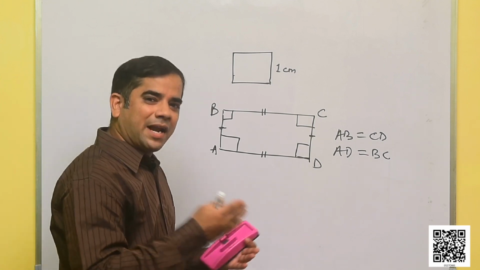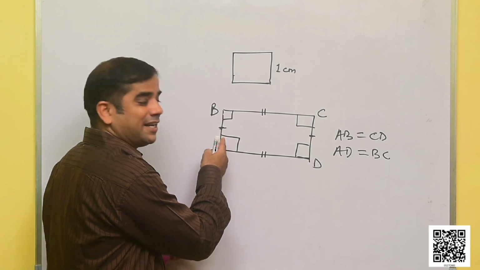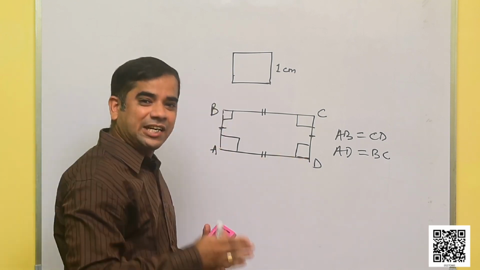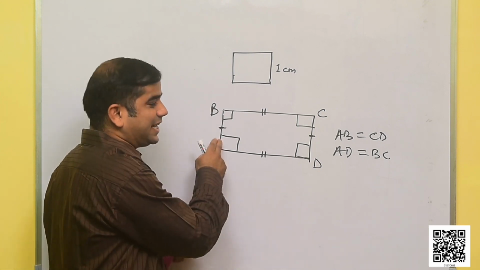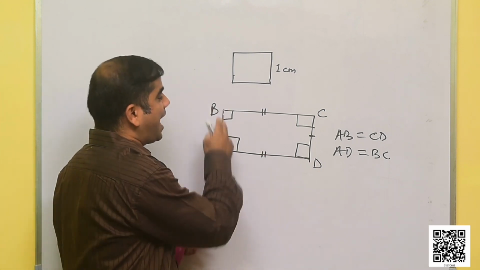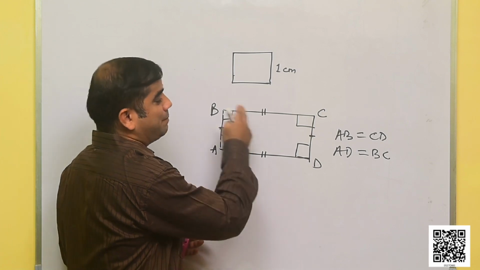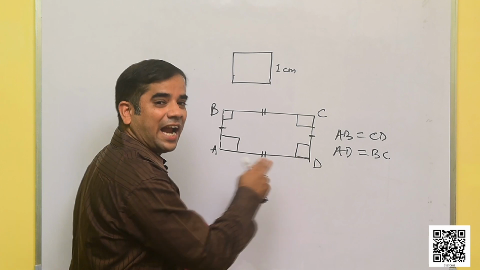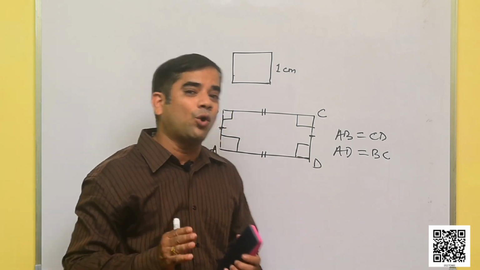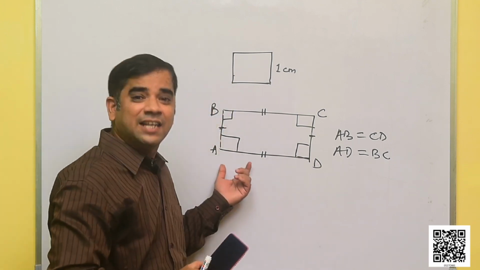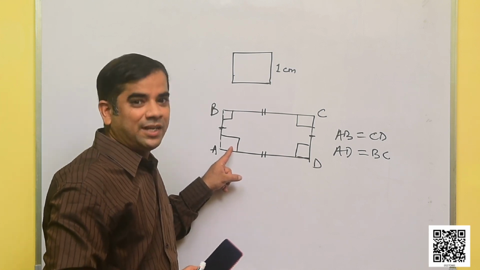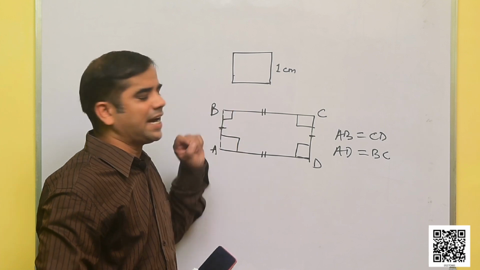The angle between AB and AD, which are adjacent to each other, is 90 degrees. Same way AB and BC is 90 degrees, BC and CD is 90 degrees, CD and AD is 90 degrees. What I have already told you is that the adjacent sides make an angle of 90 degrees with each other. Fine. So this is a rectangle.